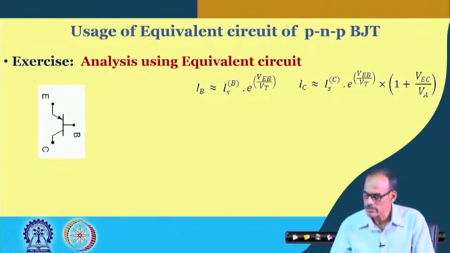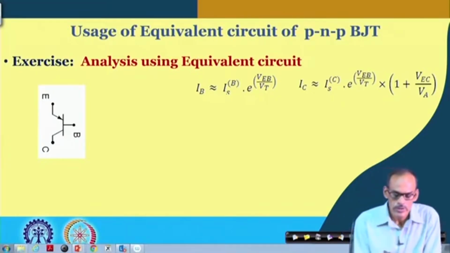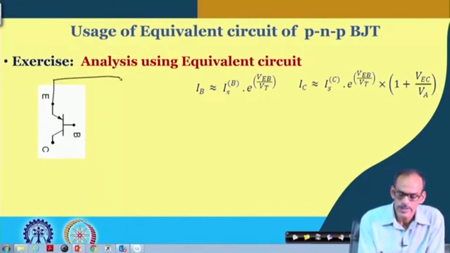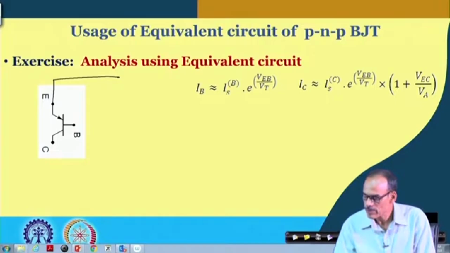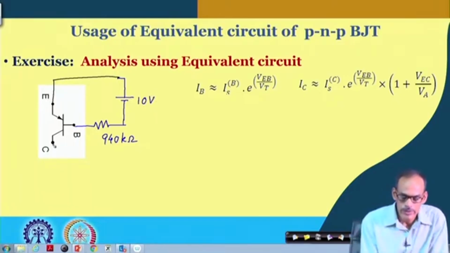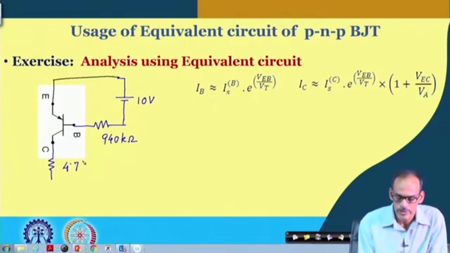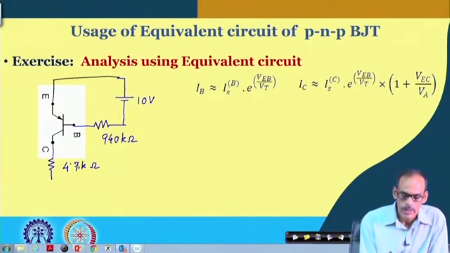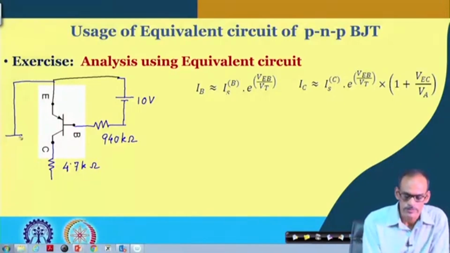Let us consider a similar situation and try to understand what kind of changes we have here. Let us have again 10 volt, and again put a resistance of 940 kilo ohm. Here we can put a resistance of 4.7 kilo ohm, and we have 10 volt.